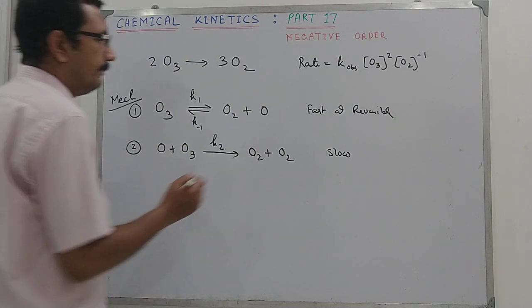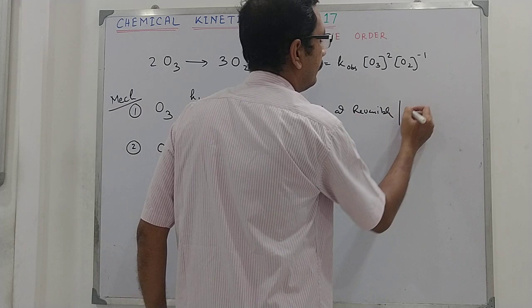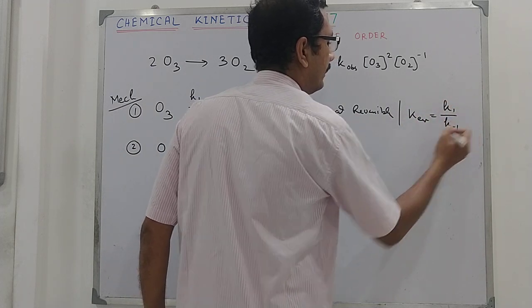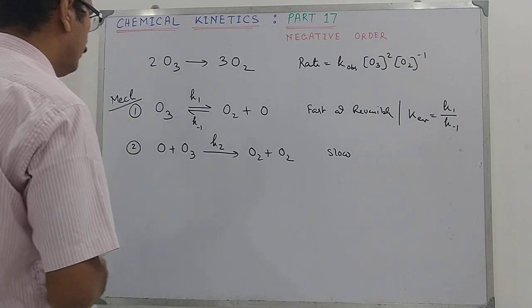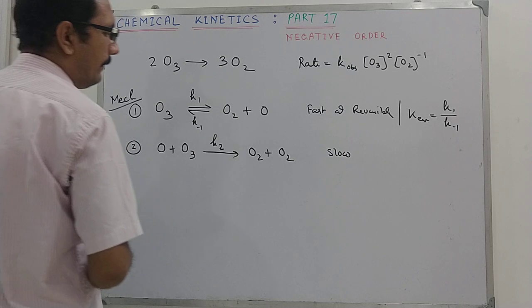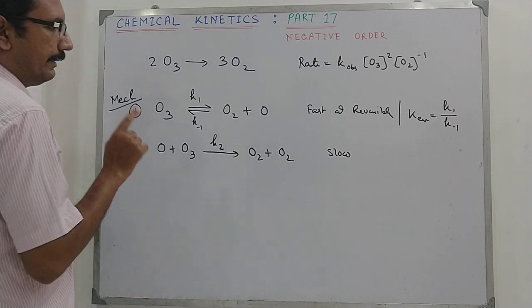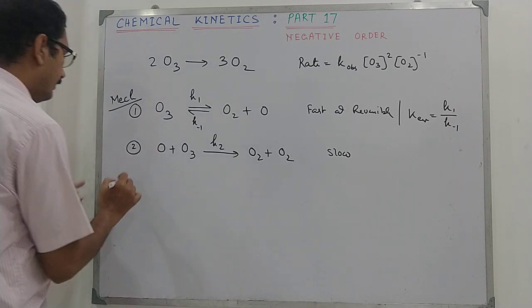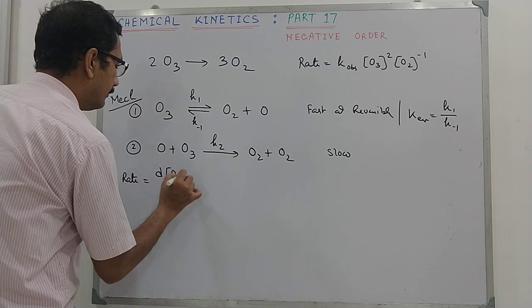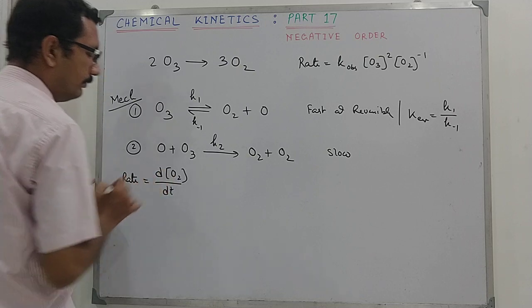Now if we have equilibrium, we can write K equilibrium to be K1 by K minus 1. Now what is the rate of the reaction? The rate of the reaction is obviously d[O2]/dt.